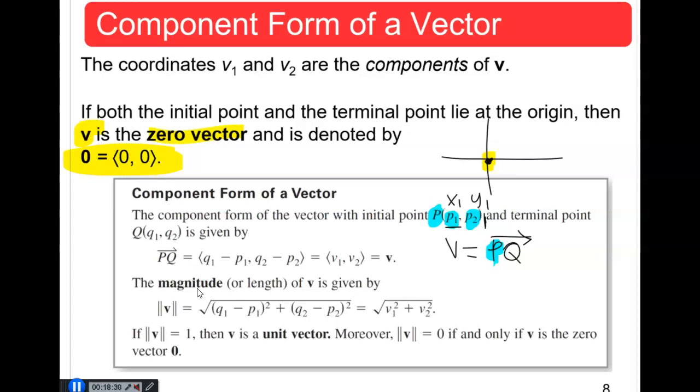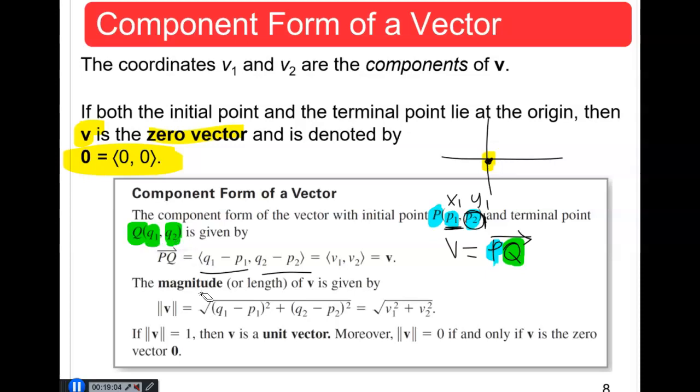Now for the terminal point, we have the point Q, and so the horizontal component is q sub 1 and the vertical component is q sub 2. This is similar to saying x sub 2, y sub 2, but in this notation for this book, we use the letters P and Q, and if you notice, both the horizontal and the vertical component have the same lowercase letter as the uppercase letter that is representing the point. So that's why it looks like that.